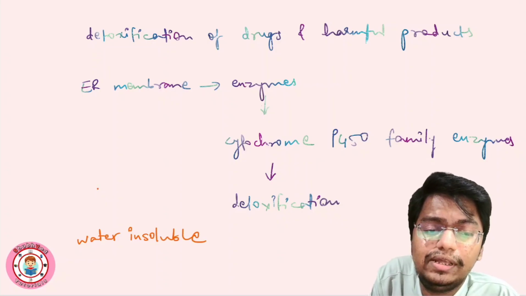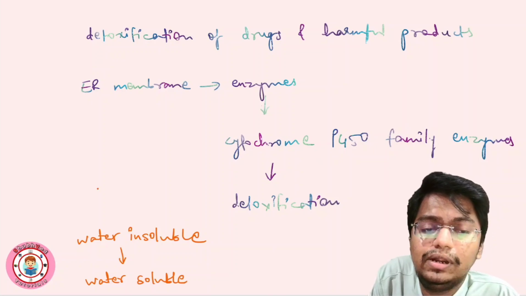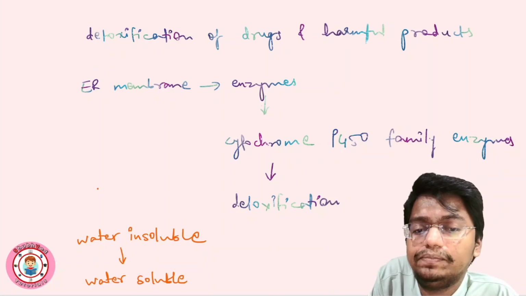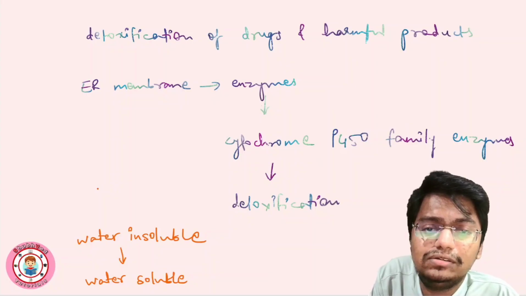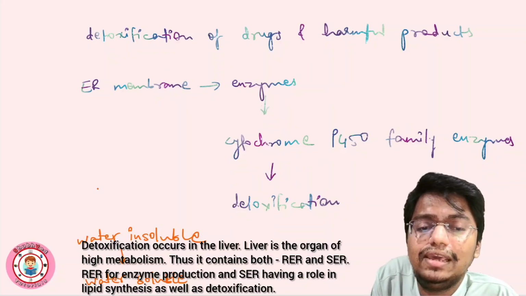So these water insoluble substances are converted to water soluble compounds, right? And this is how detoxification of harmful products or drugs is done, to clear them out from the body.